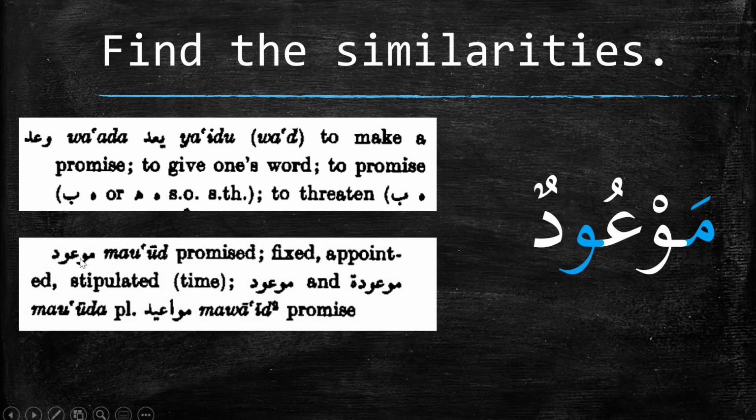Okay, so maw'ud: M for the meem, fatha, A, waw with the sukoon is represented by the U here. The ayn, if you remember, is the apostrophe pointing to the right.